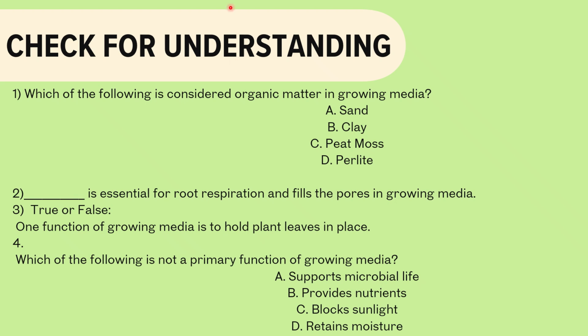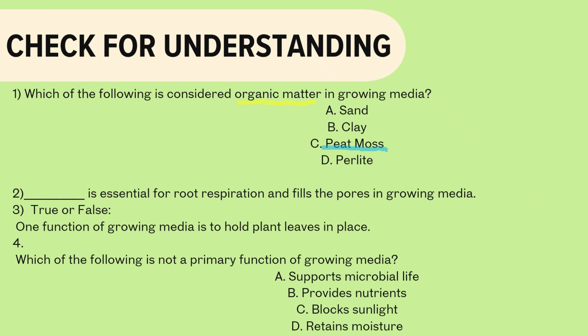So as I said before, you can pause the video so you can answer these questions and then we will resume. All right, let's go over the answer for number 1 as it pertains to organic matter. So I'm using my highlighter. As it pertains to organic matter, your answer is going to be peat moss. Remember, peat moss is an organic matter that breaks down.